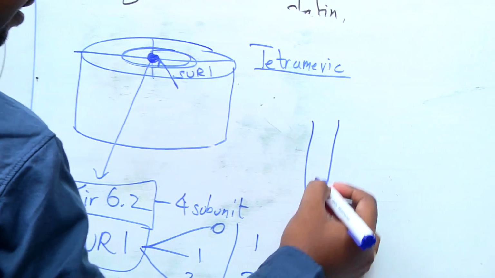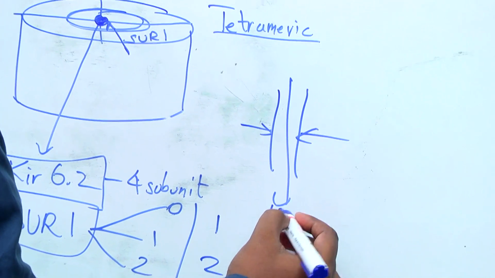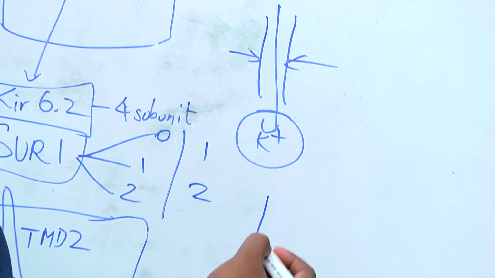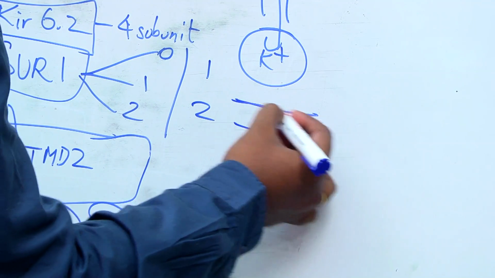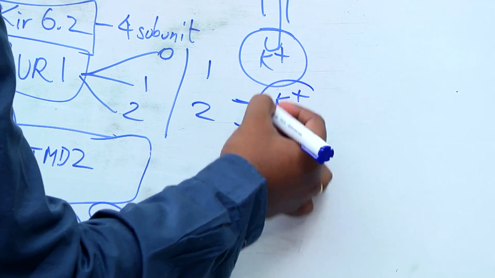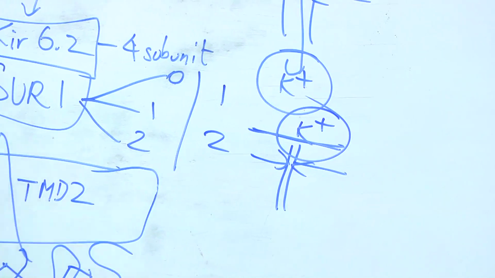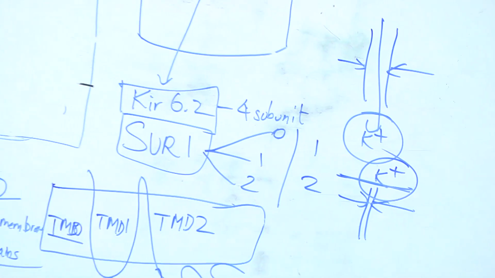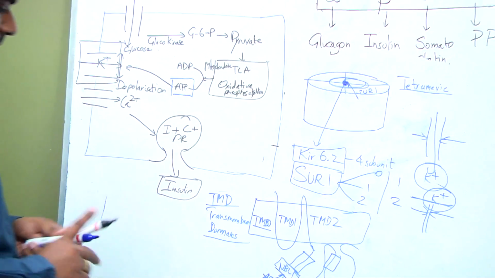So this pore, which was open and was causing the entry of your potassium ions, will now close, and there will be no entry of your potassium ions. So this is how this channel acts. The in-depth knowledge is necessary to understand your sulfonylurea drugs also. So this is how it works.